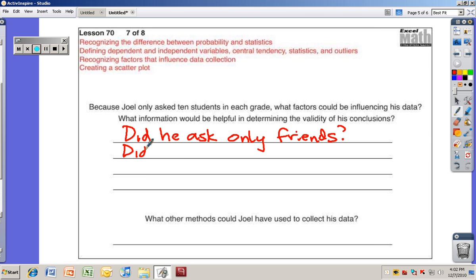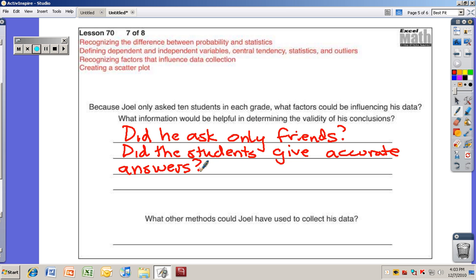Did the students give accurate answers? Are they just making up how much time they study? And so on. So there's different things that can change how his data comes out. I'm going to show you some different answers in just a second as well.